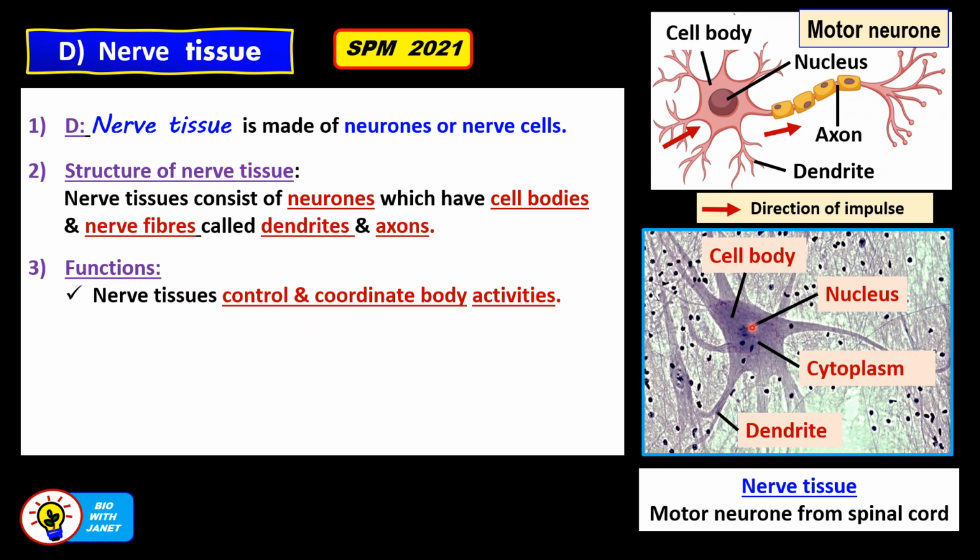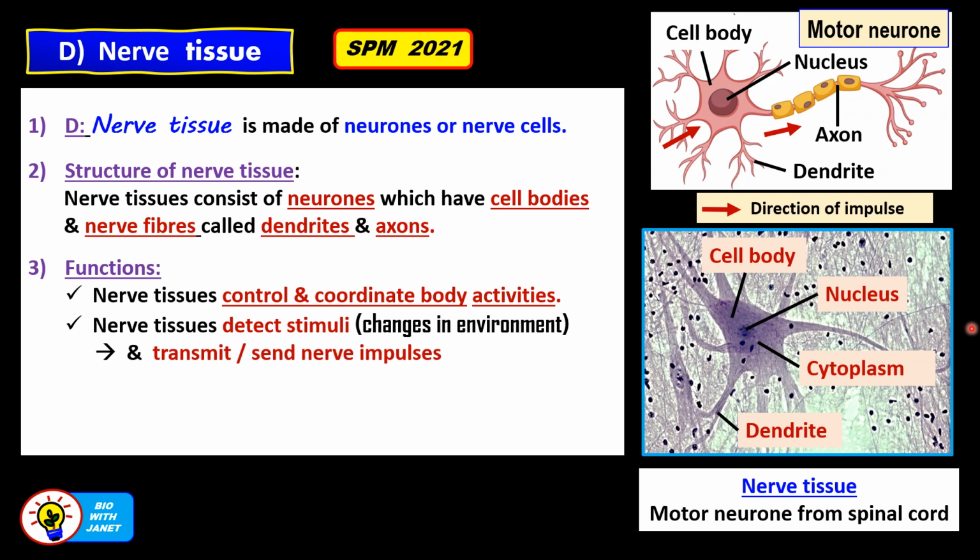Functions. The general function of nerve tissue is to control and coordinate body activities. Now how does it do that? First, it is able to detect stimuli, which are changes in the environment, like light, sound, or changes in temperature of the environment. After that, they will transmit or send nerve impulses.